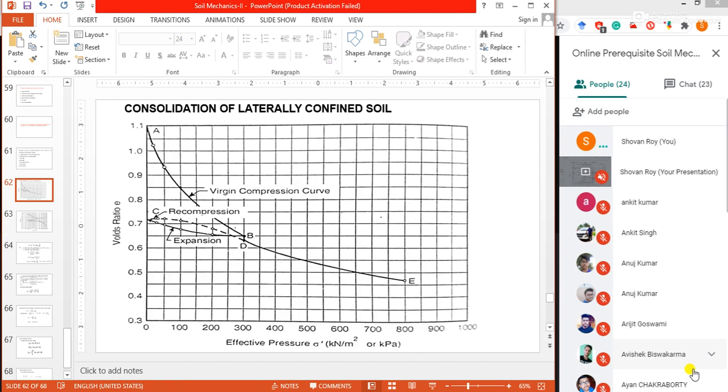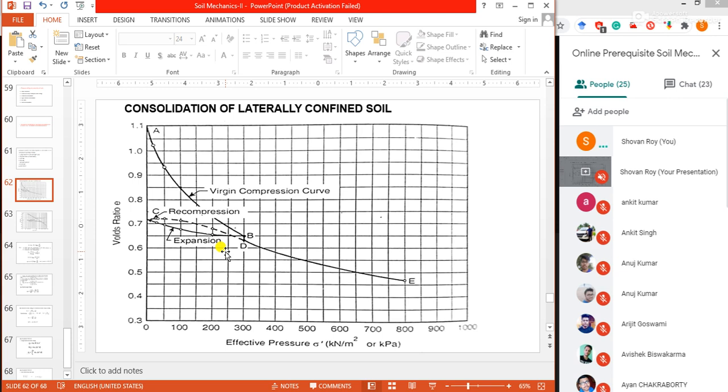In the form of a curve you can see in this figure, if at any intermediate stage at point B, when sigma dash, that is effective pressure, is 300 kilonewton per meter square, the pressure is completely removed, the sample expands, as represented by expansion curve BC.